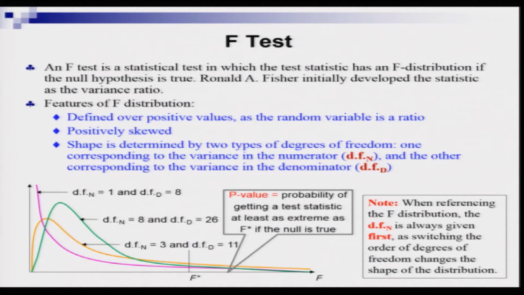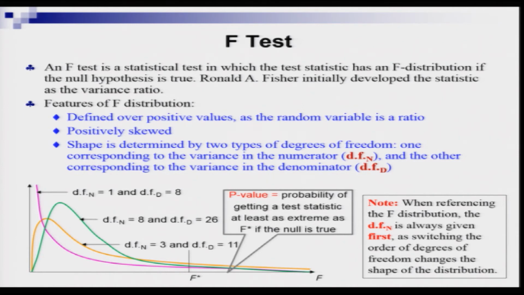For the numerator there is 1 degrees of freedom, and for the denominator there is another. So, the shape is determined by dfn, which is the degrees of freedom corresponding to the variance in the numerator, and dfd, which corresponds to the variance in the denominator of the ratio of two variances.